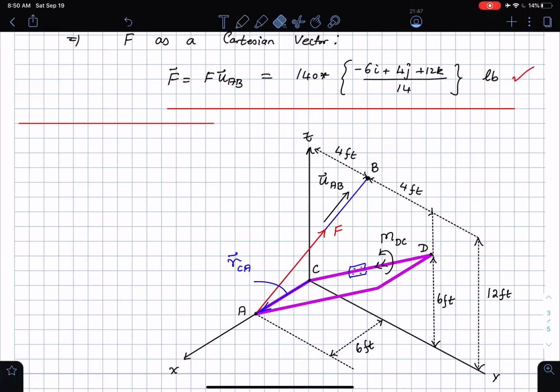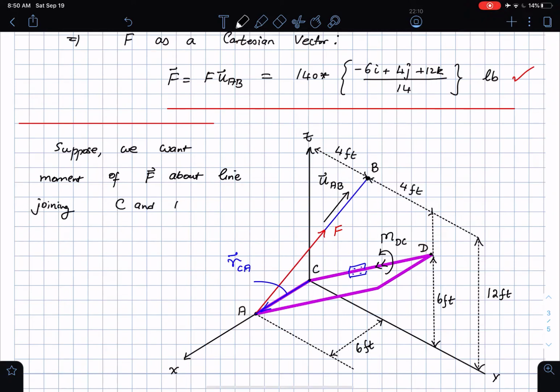So suppose we want the moment of F about the line joining C and B. What could be the answer? What is the moment about the line CB due to the force F?